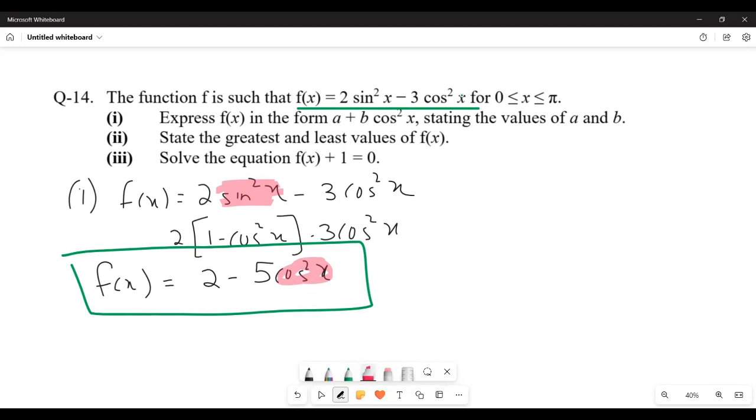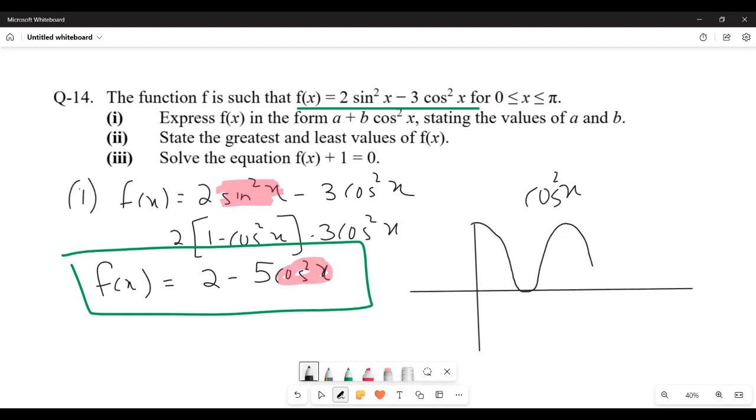So it's cos square x that keeps changing its value, not the 2 and not the 5. Right. Can you recall from the graph of cos square x what are the extreme values of cos square x? Cos square x looks like a W, and maximum is 1, minimum is 0. Yes.